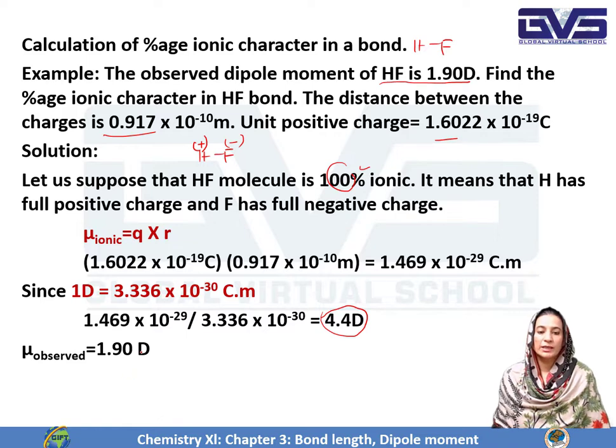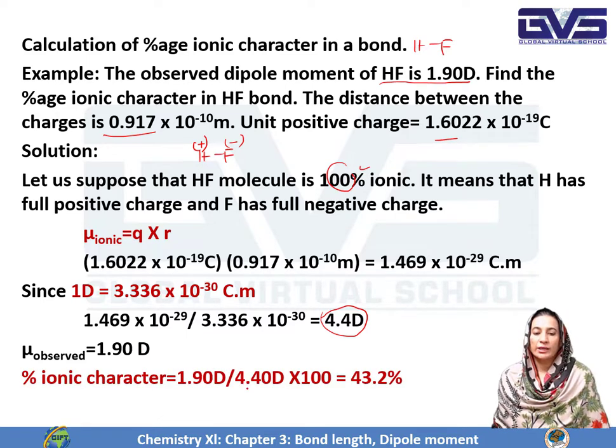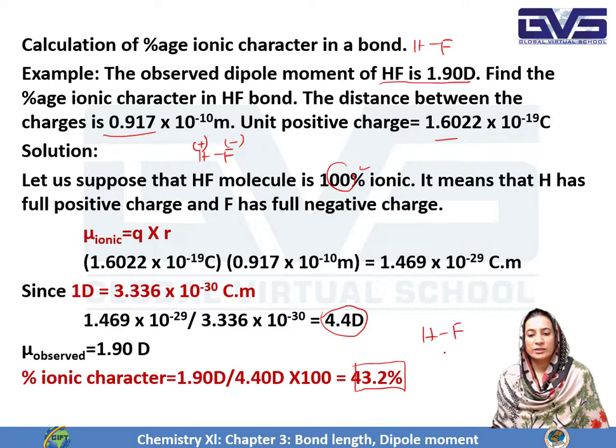So dividing the observed by the calculated and multiplying by 100, you can find the percentage ionic character, that is 43.2%. So HF is 43.2% ionic, and it means it is 57% covalent.